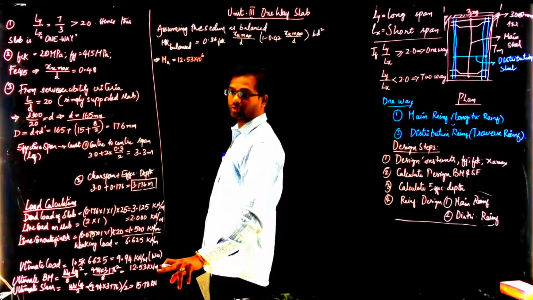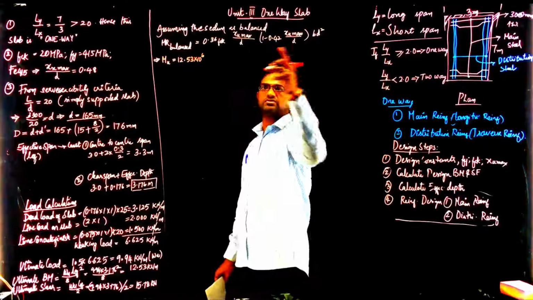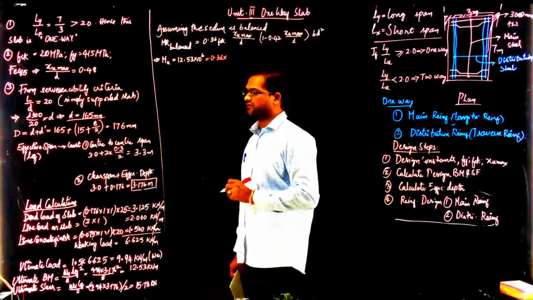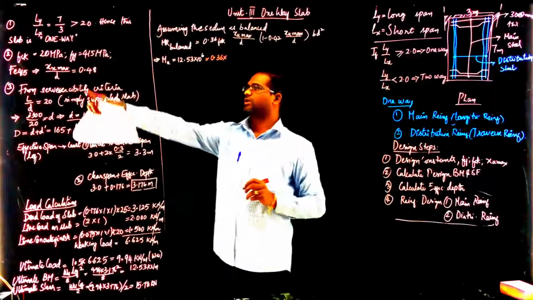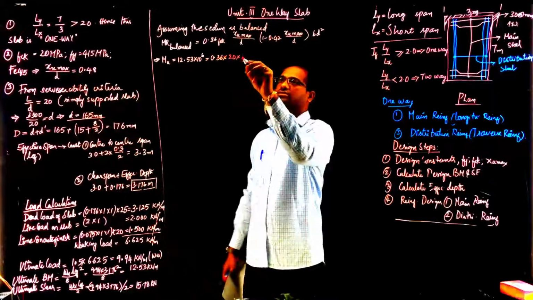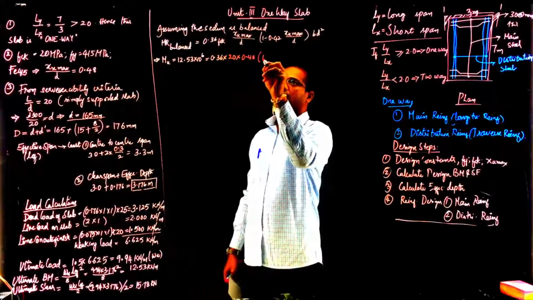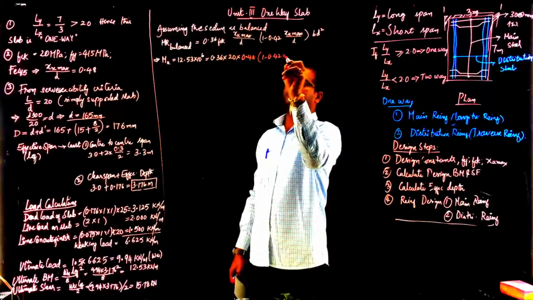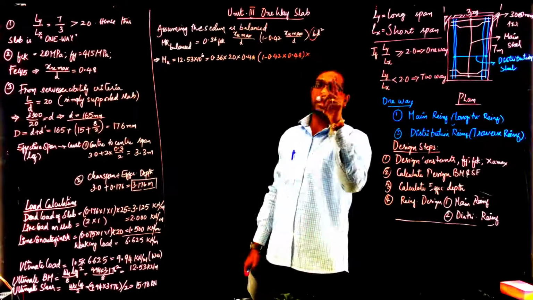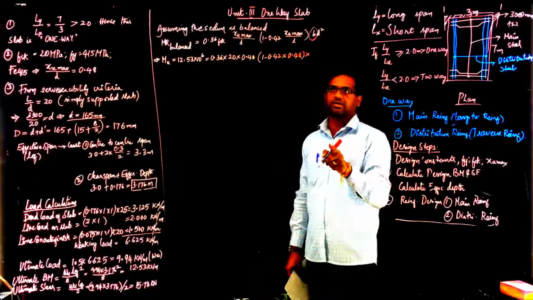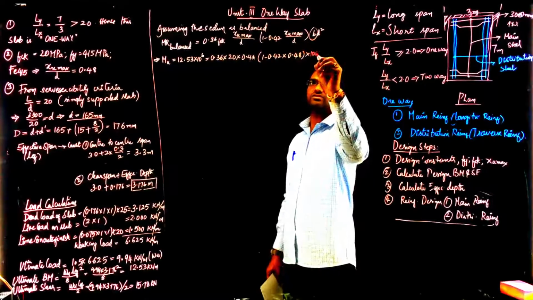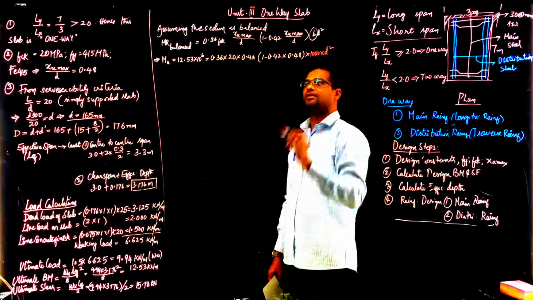Because Mu in kilonewton meter is converted to Newton mm. All these values are in Newton mm. It equals 0.36 into fck, which is 20, into Xmax by d, which is 0.48, into 1 minus 0.42 into 0.48. For a slab, the breadth is 1000, because for 1 meter we will design, so 1000 into d square.